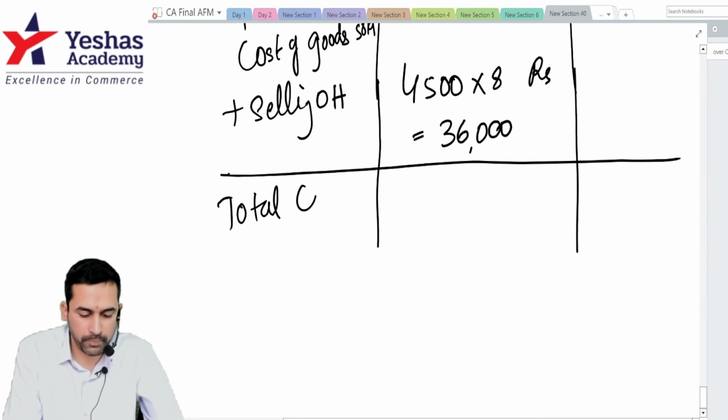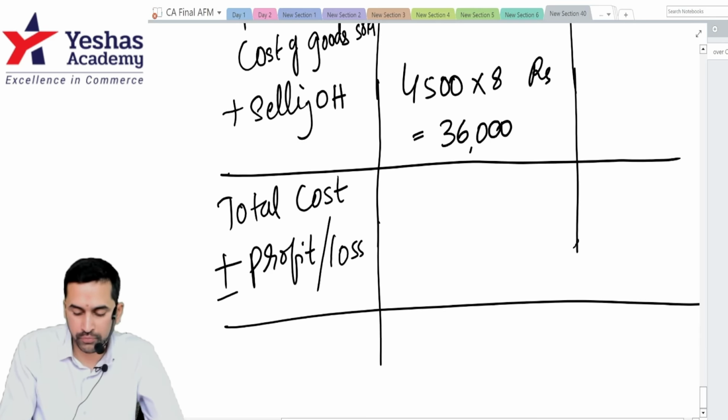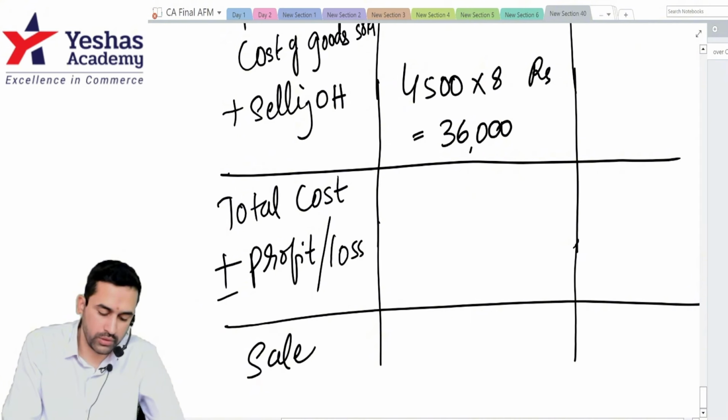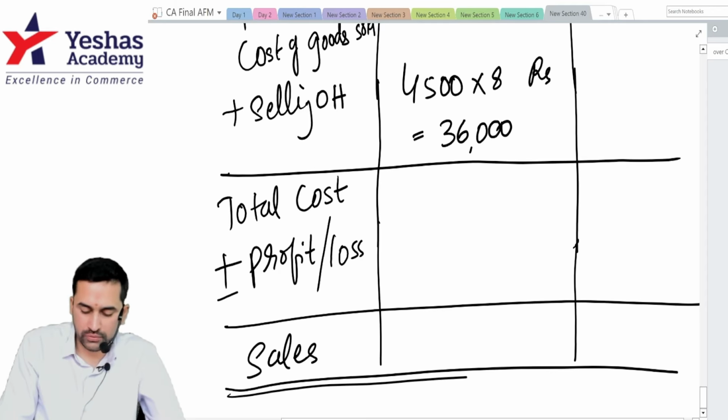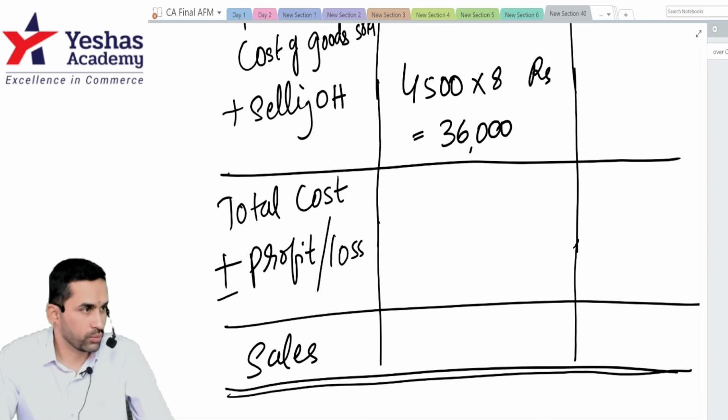Total cost. Then we add profit or we did loss. This should give you sales value. Read in the question, there is an adjustment where selling price for first 3 months is given to you. That means if you simply do 4500 into 140, you'll get the sales value.